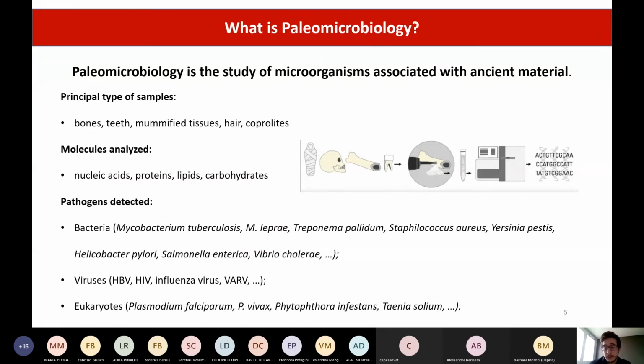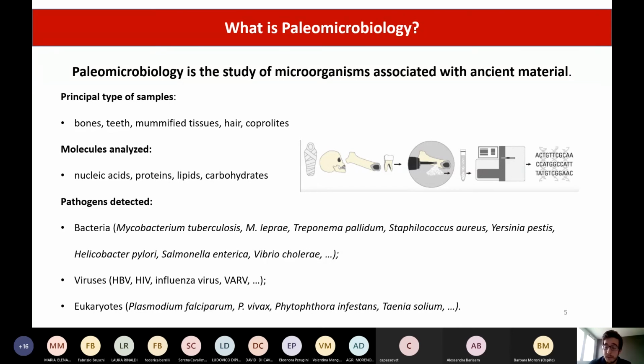The other approach to study ancient epidemics is paleomicrobiology, which is just a fancy word to say the study of microorganisms that are associated with ancient materials. So basically, what we do is to apply molecular biology, biochemistry, bioinformatics to study molecules from ancient remains.